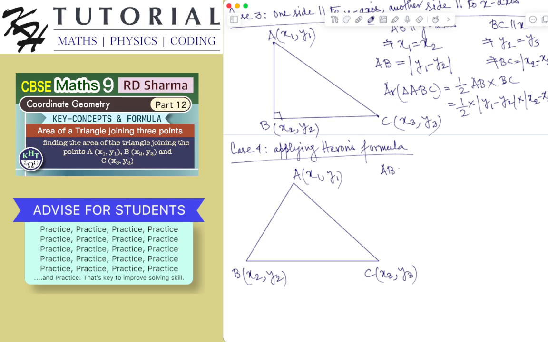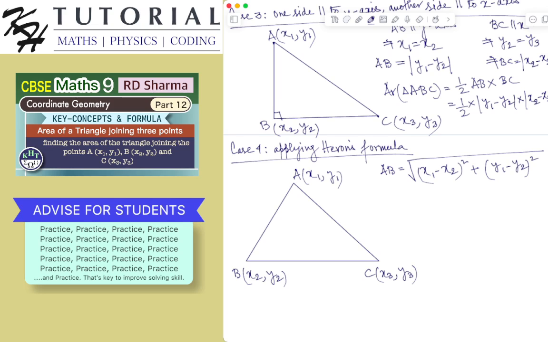AB, using the distance formula, that is the distance between the points A and B, is equal to the square root of the square of the difference of the abscissa plus the square of the difference of the ordinates. This is AB.